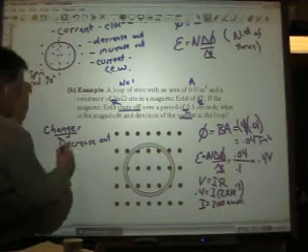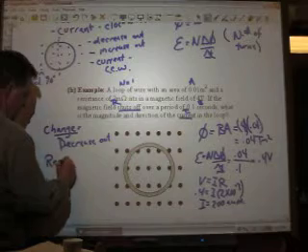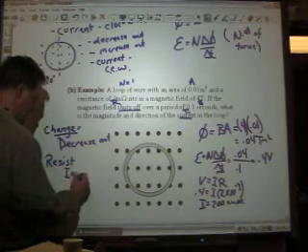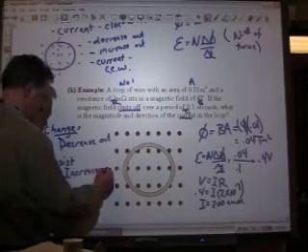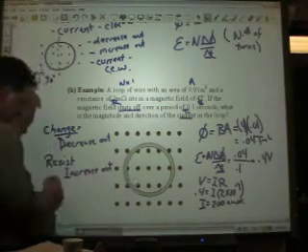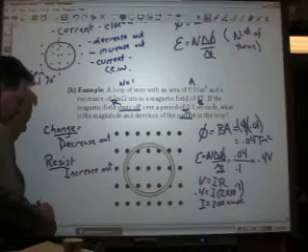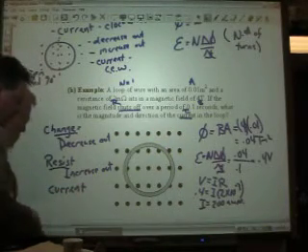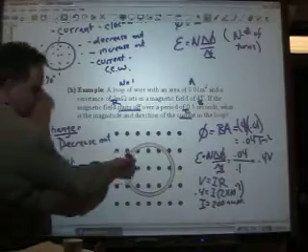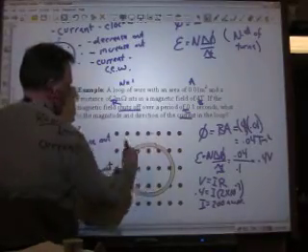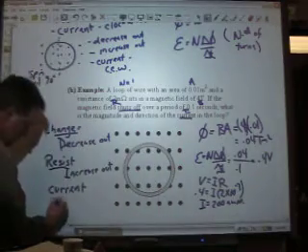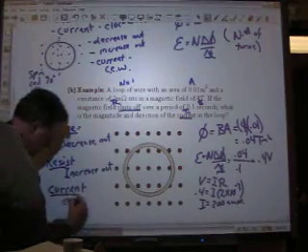To resist that change, I want to increase the out, because that would be the opposite. That tells me which way to point my thumb to find the current. So I want to increase the out, so my thumb has to point out of the page, and my fingers are going to curl around this way, so that's counterclockwise. So the current is counterclockwise.